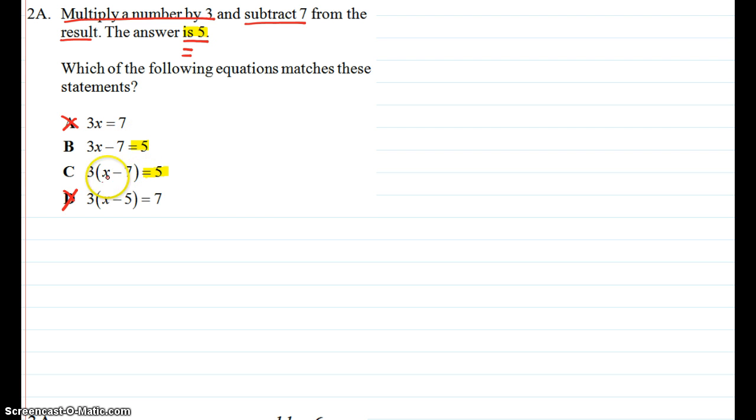Whereas this one, since this x is inside the parentheses, we would actually subtract 7, then multiply by 3. So that means our correct answer here is going to be B, because we multiply x by 3, we get an answer, and then we subtract 7. So B is the correct answer.